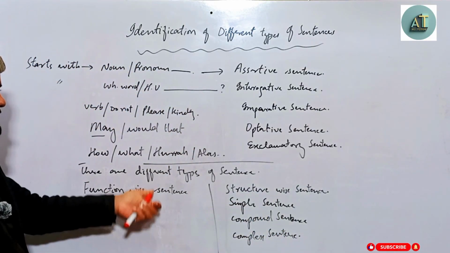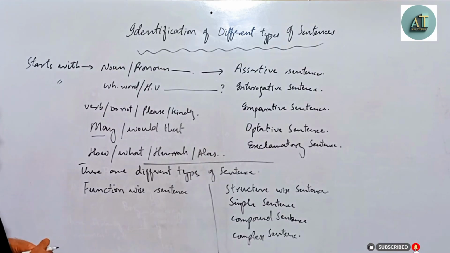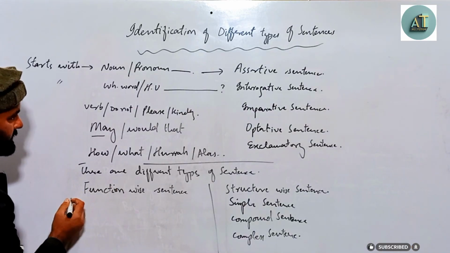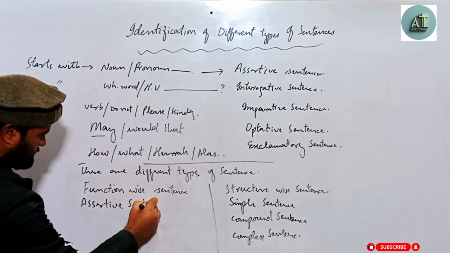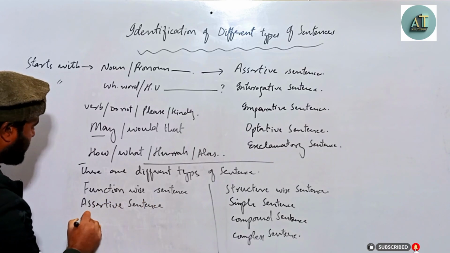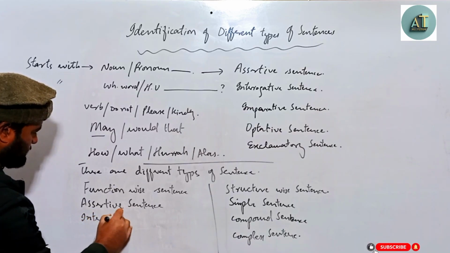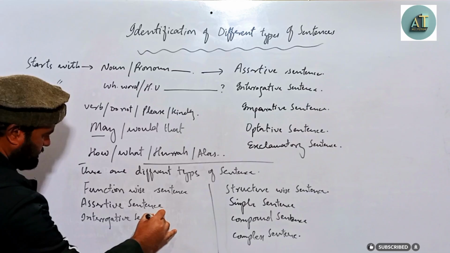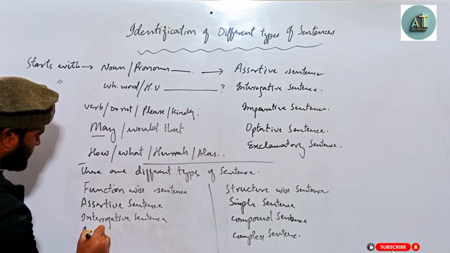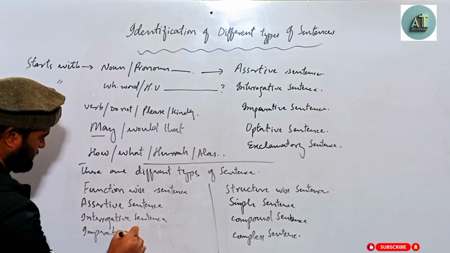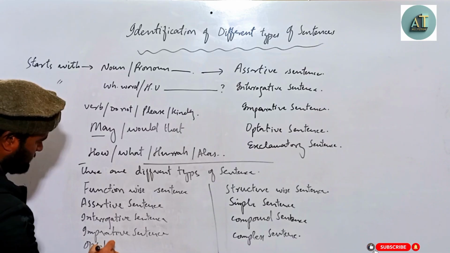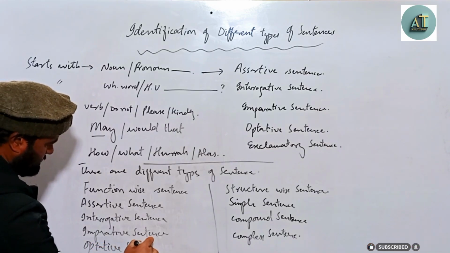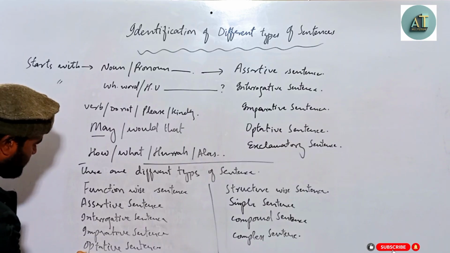The function-wise sentences we already discussed in this lecture, but I mention them all here: assertive sentence, interrogative sentence, imperative sentence, and the last one is exclamatory sentence.